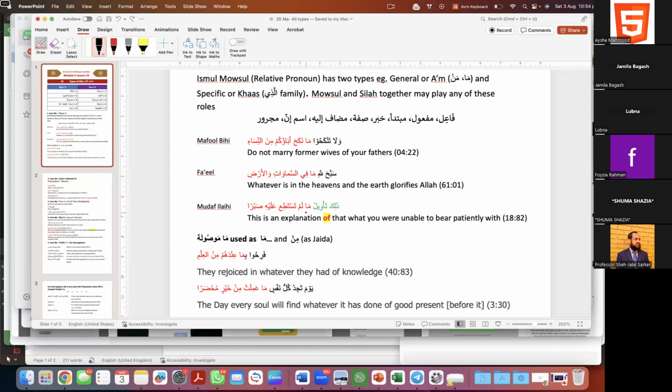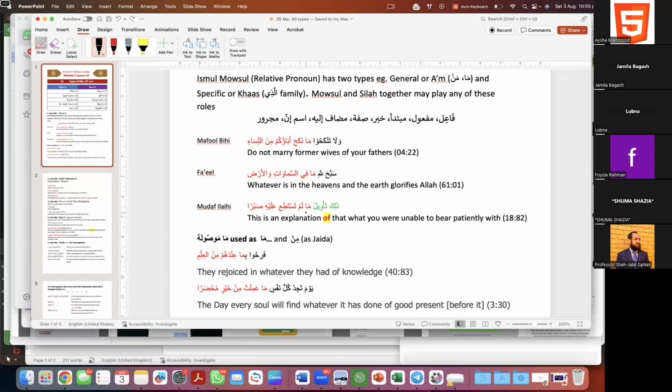Now, Brother Sarkar already touched on this. When you see an ism without al, the first thing you will think, and you will see in 90% of cases, is that it is possibly a mudaf. An ism without al, without tanween, is possibly a mudaf.